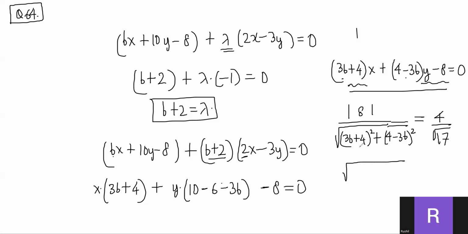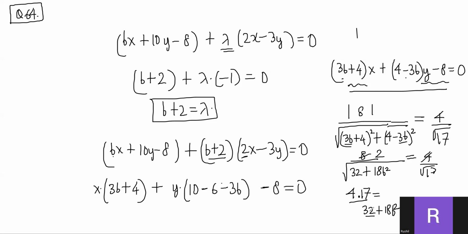It is going to be root over 16 plus 16, 32 plus 9b square, 9b square, so 18b square. 8 is equal to this. You're getting 2 and you're squaring it. You're getting 4 into 17 is equal to 32 plus 18b square, 68, 32, right?